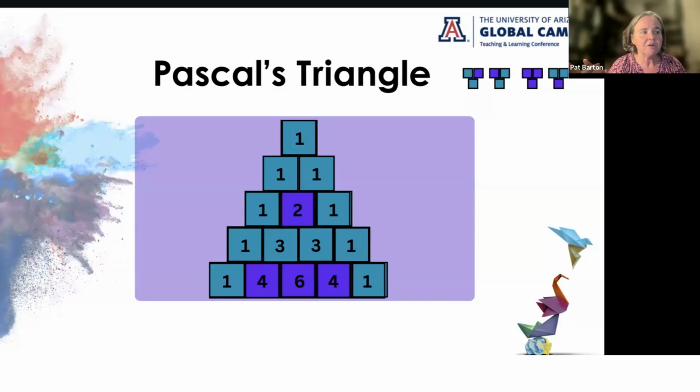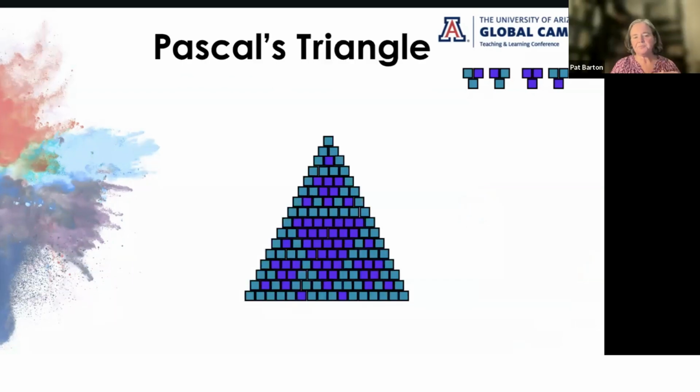Odd numbers are turquoise and even numbers are purple. Now, if you expand this out, which I would do with the child with just the tiles, you get this. And that gives you a whole other set of patterns.